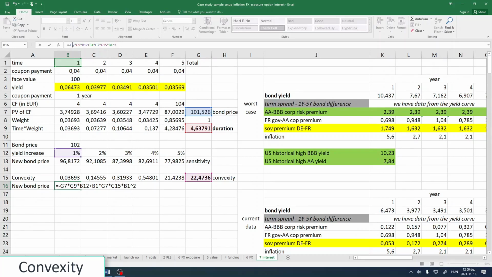Okay, so we have to fix things. So first of all, G7 must be fixed because it's just one number. G9 is also just one number. Yeah, this we change. B1 we also change. G7 is fixed, and U will be fixed as well.